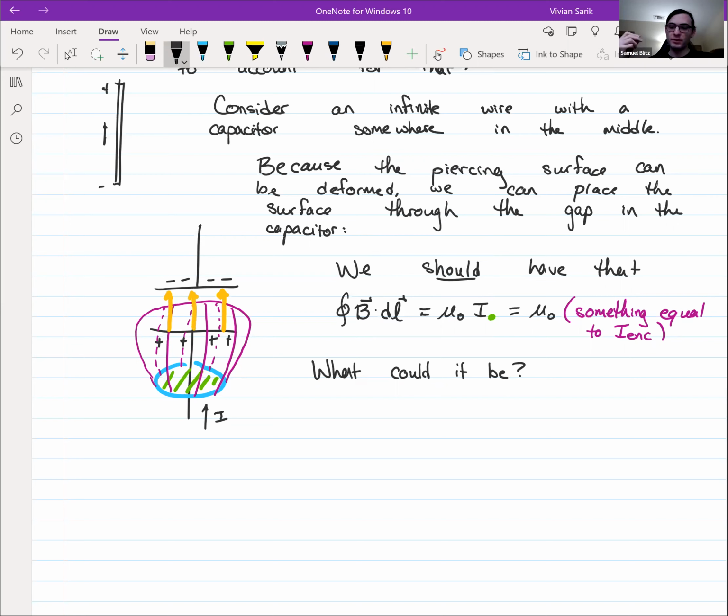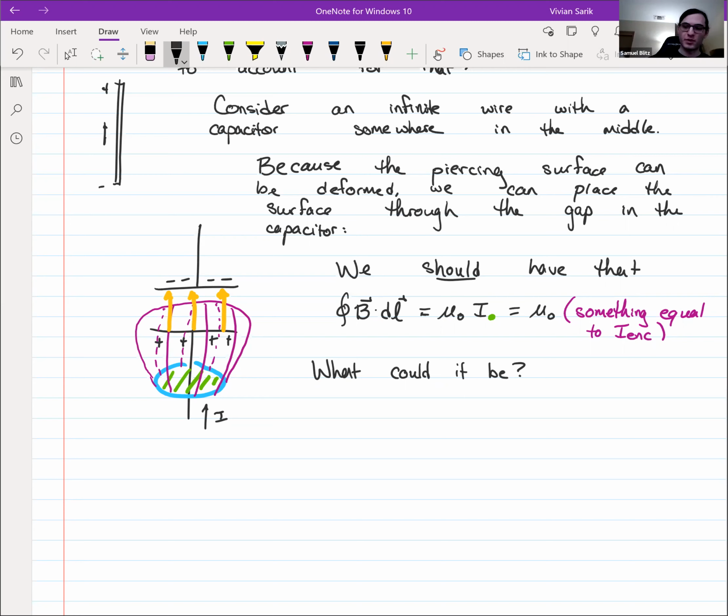And so we can relate the current flow to the rate at which charge is accumulating. And because the charge is accumulating, we produce electric field, so we can relate the current flow to the rate at which the electric field is changing in time.